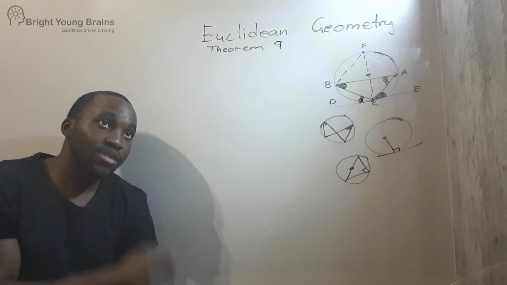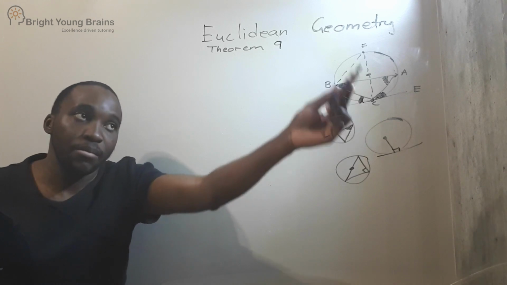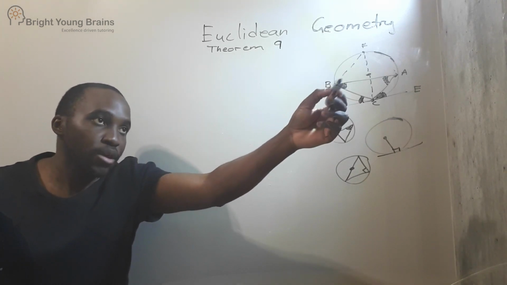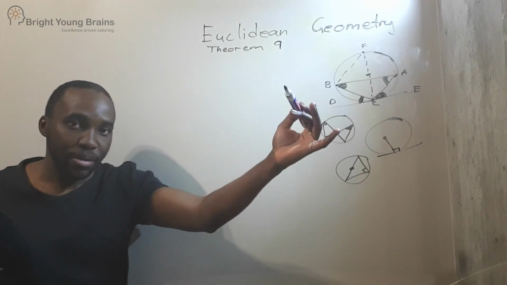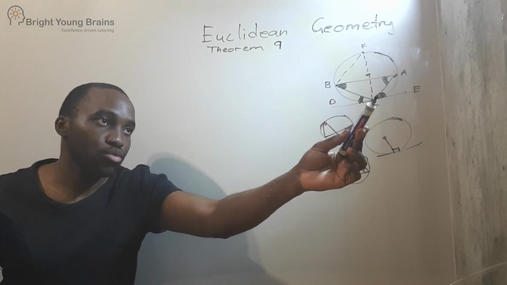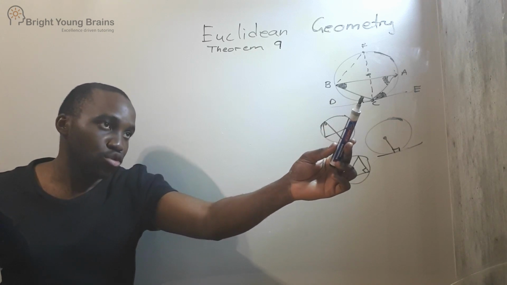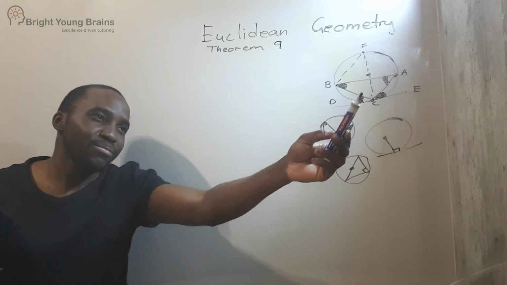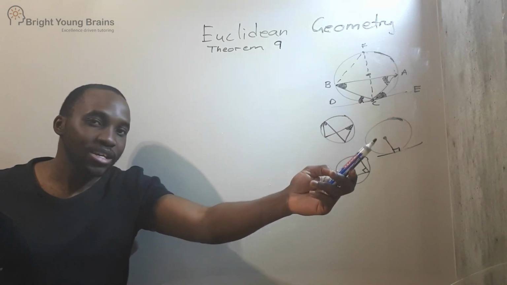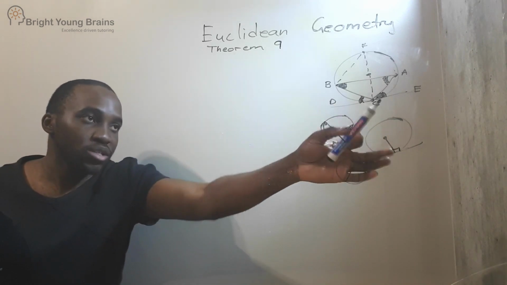Keep that in mind whenever you're proving this theorem, because in terms of your construction, the diameter will always be there, but where your second dotted line goes depends on whether they're asking you to prove that these two are equal, or that these two are equal. Both pairs are equal, yes. However, in terms of proving this theorem, you would only be using one pair.